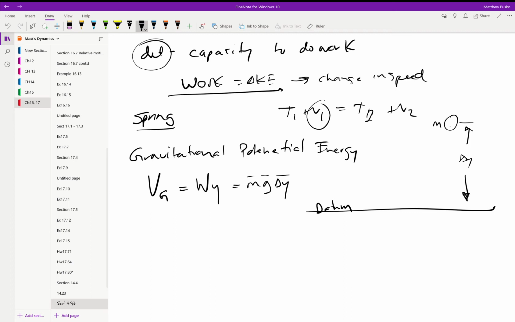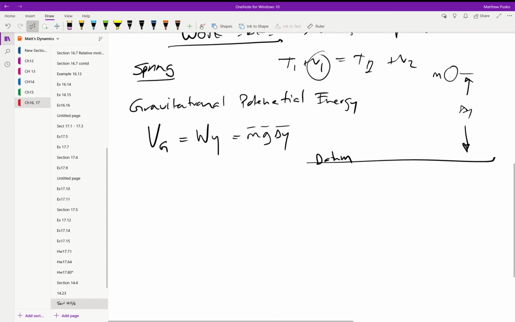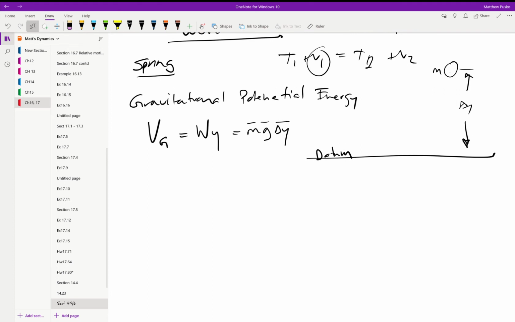Let's see what else we got. Let's look at elastic spring energy a little bit more. We saw that springs can do work, but really, in my opinion, if we can work with them using conservative forces and conservation of energy, it's a lot easier.